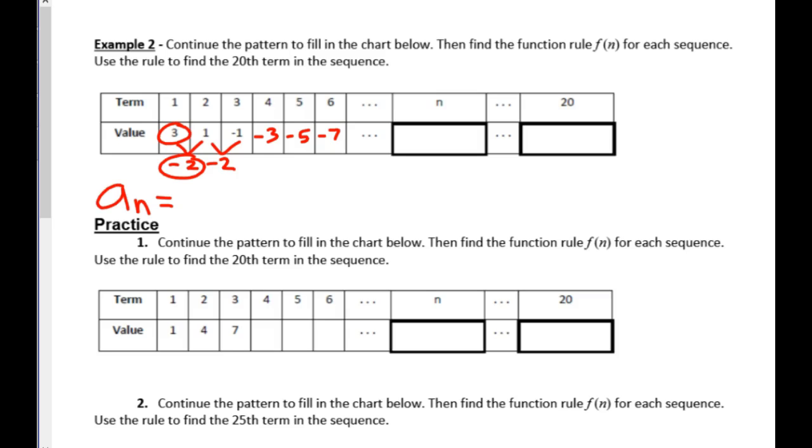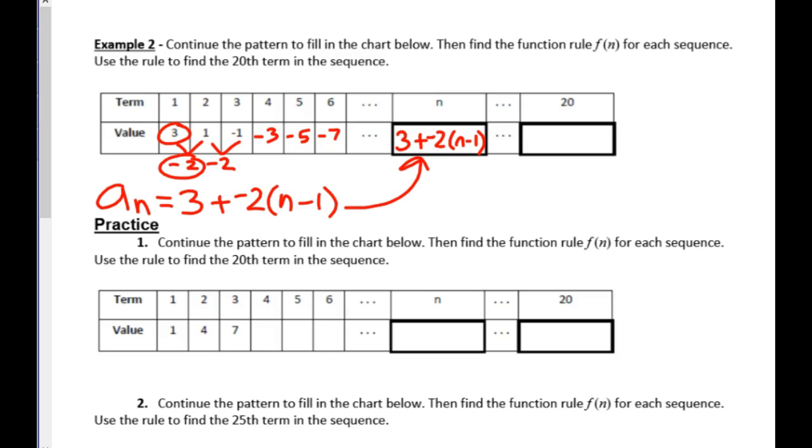The starting point, which is 3. Very good. Now, you can put plus negative 2 if you want to. You can put minus 2. That's fine too. Either way. But the change, and then we always put n minus 1. This is going to go over here. 3 plus negative 2 times n minus 1.